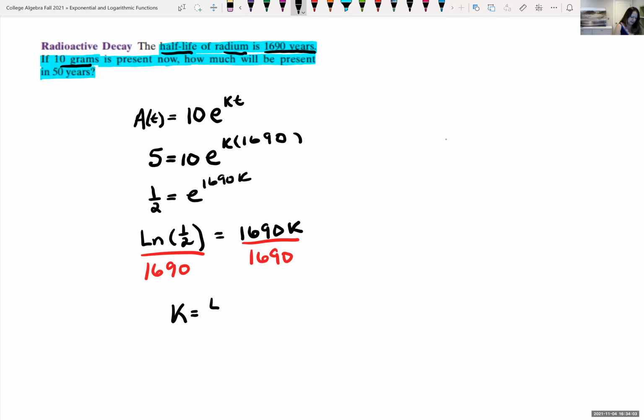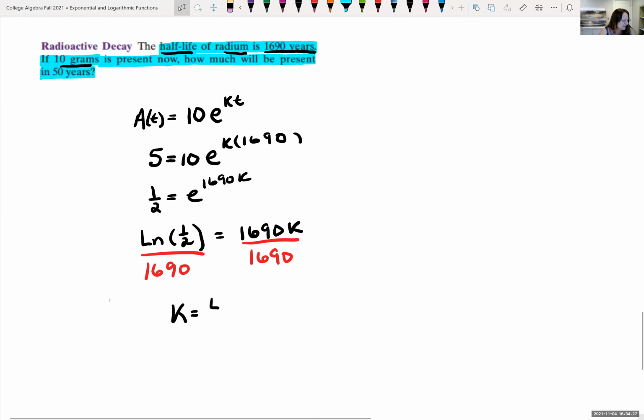So let me see if that gives me a reasonable decimal. So I have the natural log of 1/2, and then I'm going to divide that number by 1,690. It didn't like mine at all. It's rounding weird, so let me pause while I fix my key.